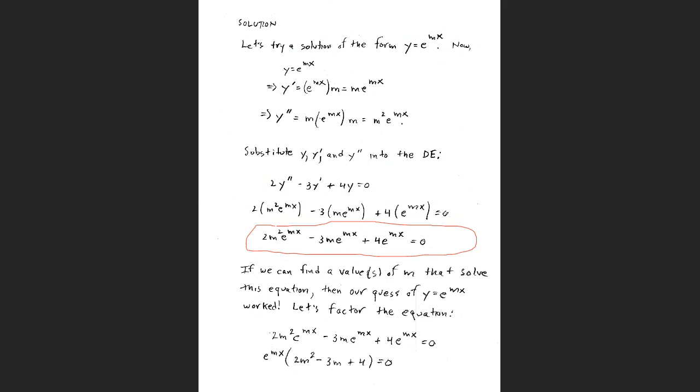So what's a common factor on the left side? E to the mx. That's right, Michael. So we can factor that out. And that's what we did, and we get down to here.